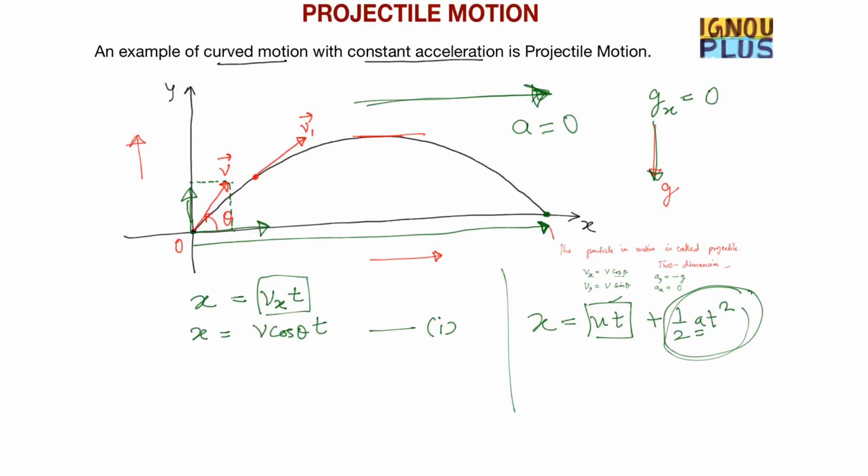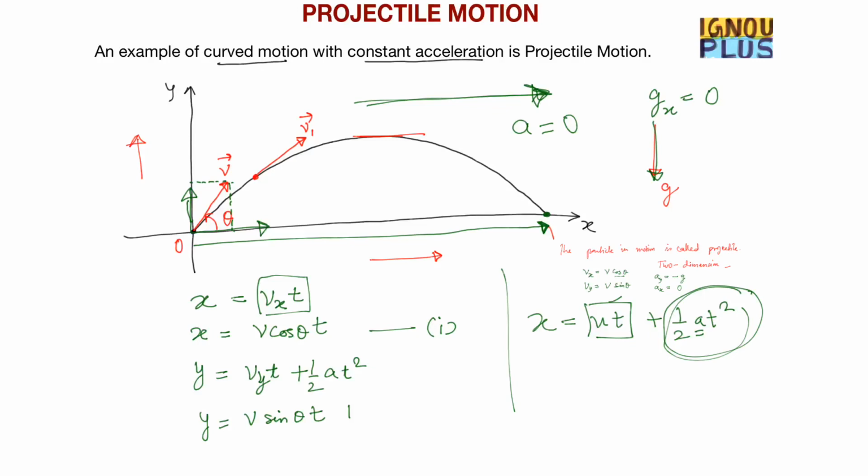But when we describe the y component, then what will we do? We will use Vyt plus half at square. Now y is equal to, what is Vy? Vy is v sin theta into t.